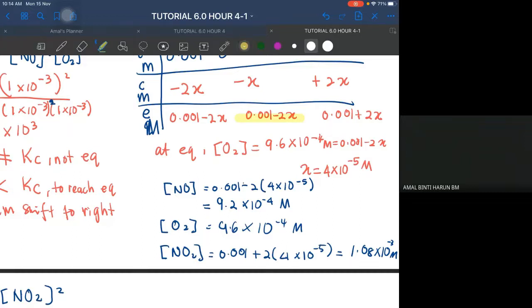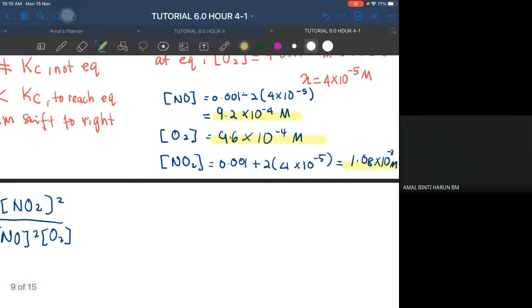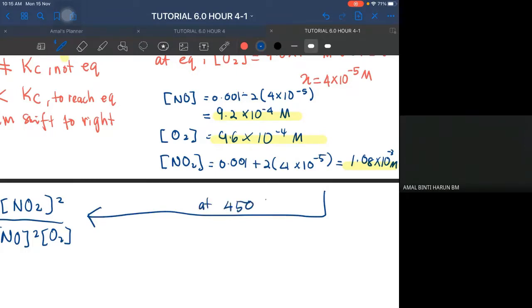Okay, itu adalah concentration setiap gas di equilibrium yang suhu dia diturunkan 450 Kelvin. Now, we can substitute into this one. Okay, at 450 Kelvin.